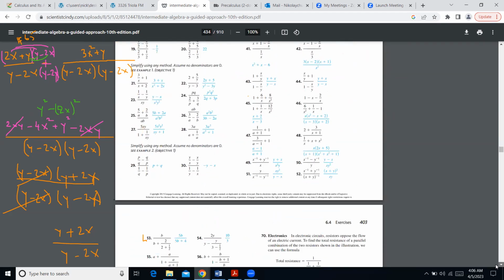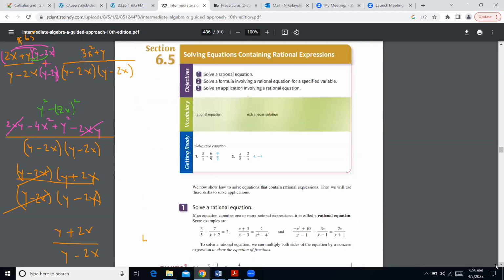So I'm going to section 6.5 that wants us to solve equations with denominators. And it turns out that to solve equations with denominators, I need to clear those denominators.